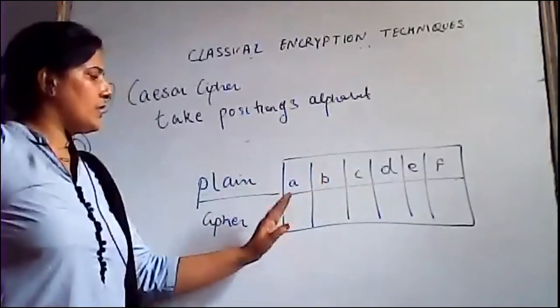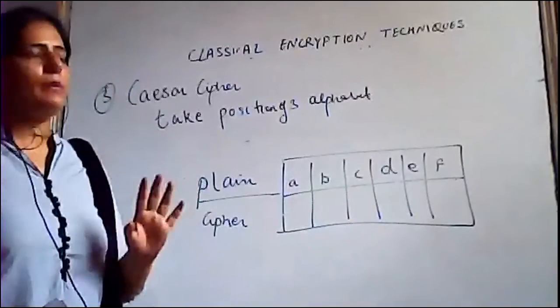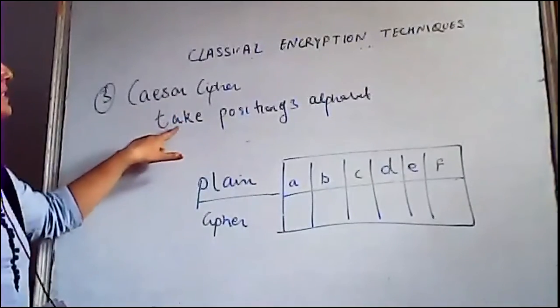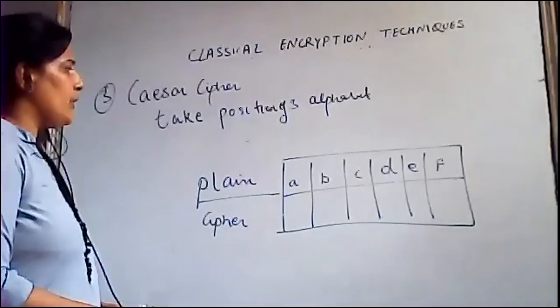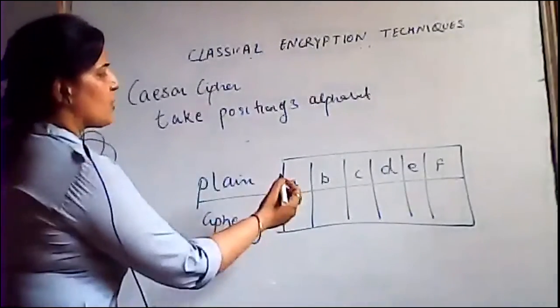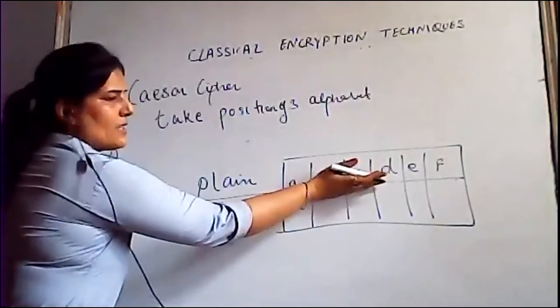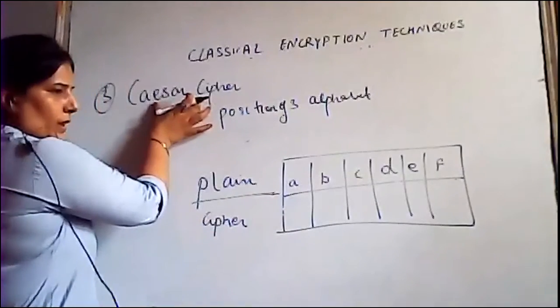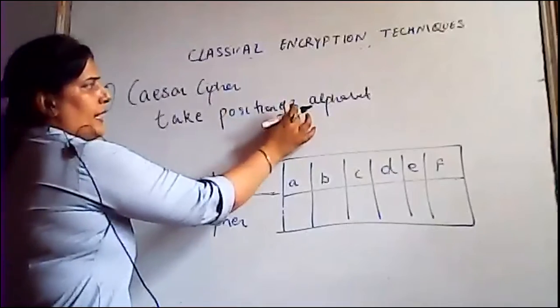I have just mentioned it in this type of blocks for description. So in case of Caesar cipher, it will always take the position of the third alphabet. This upper part is your plain text. You want to convert this to ciphertext by using the Caesar cipher method. What Caesar cipher says is that it takes the third alphabet.